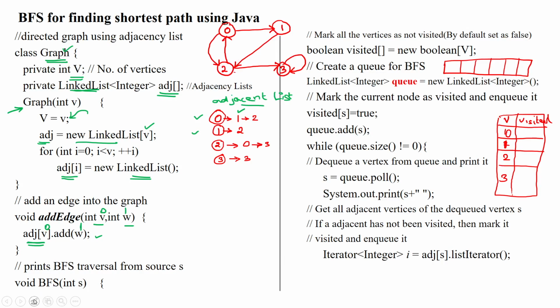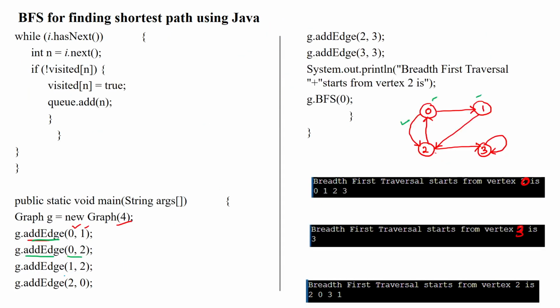So here the second time we are calling this with 0 to 2. So 0 to 2 is added. From 0, 1 is already there, so now 2 is added. Then again like that we have to add 1 to 2. So 1 to 2, this edge is added.